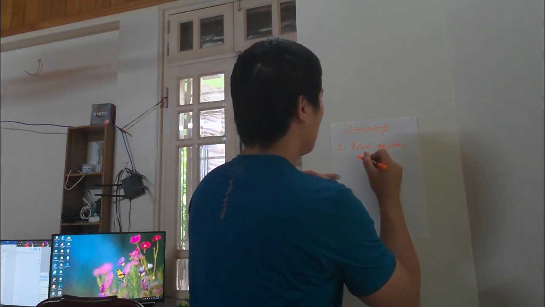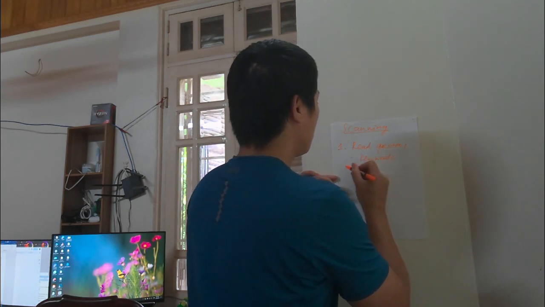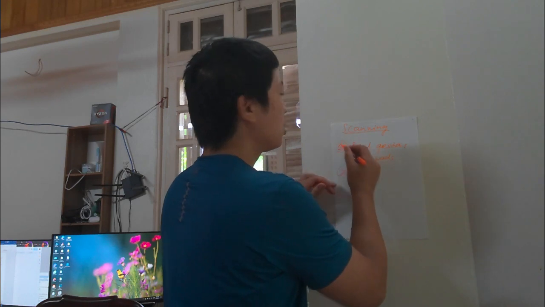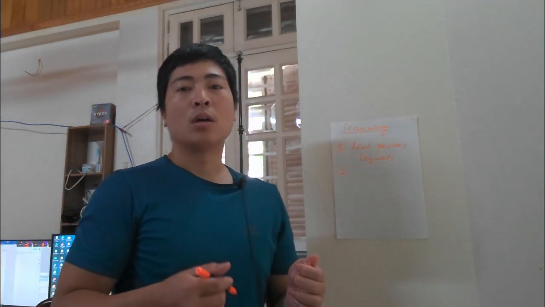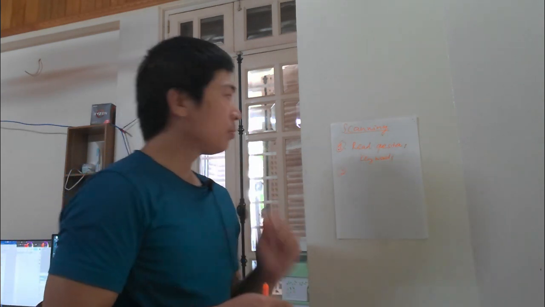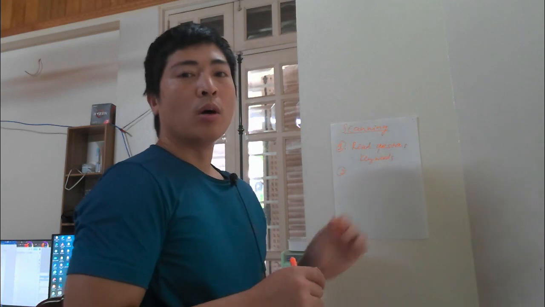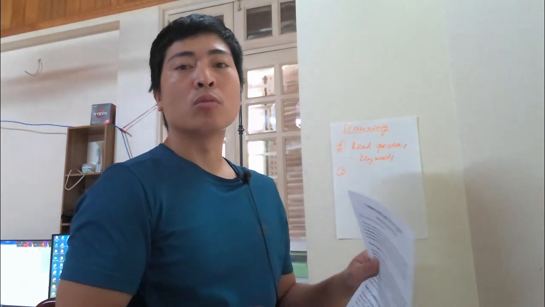and then you notice the keywords. You notice the keywords in the questions. For example, if the question asks about number, so the important keywords will be the number. And then you scan the article to find those keywords.